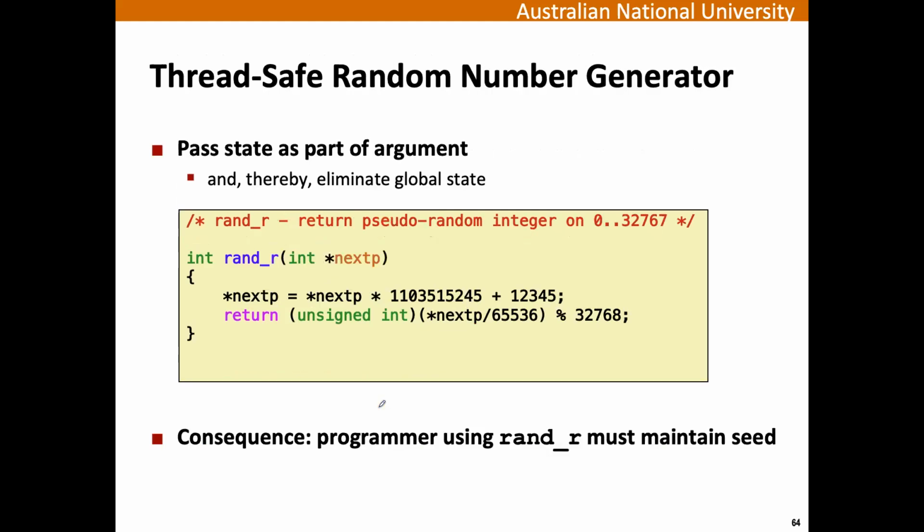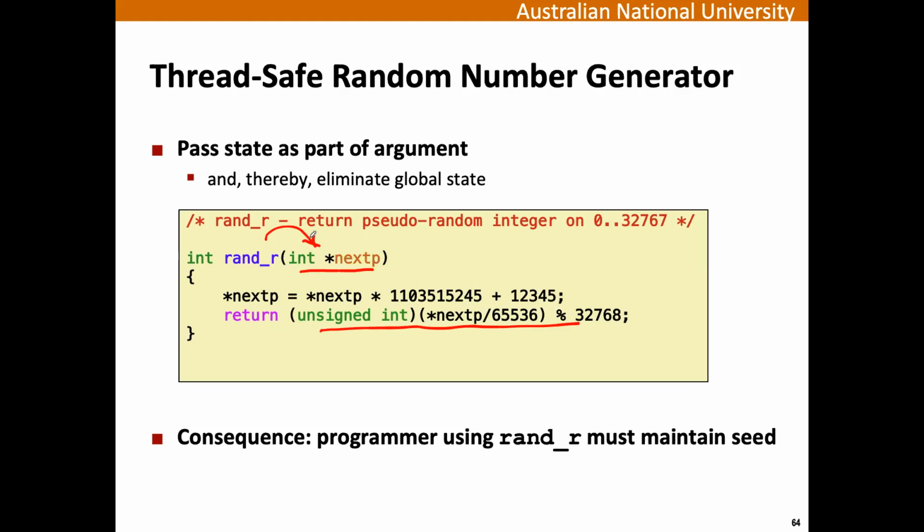So to make it thread safe, we can do one thing. We can make it the responsibility of the user of the function to actually maintain the state. So the user has to store the state, whatever is returned, and then pass it to the function.